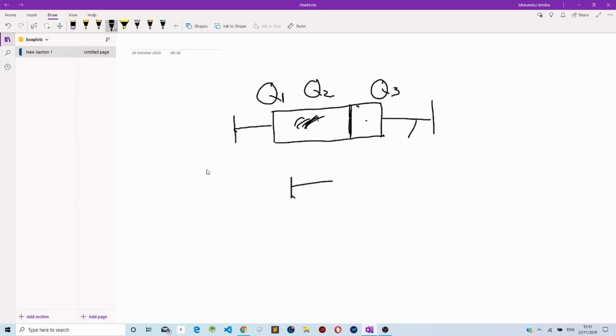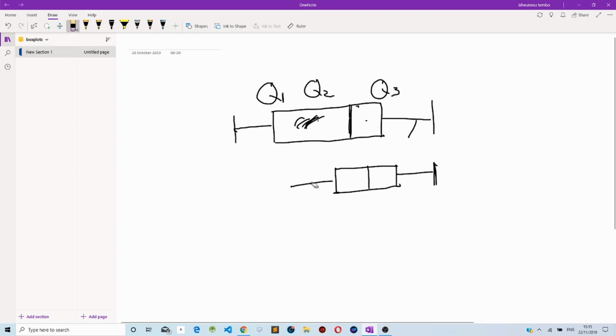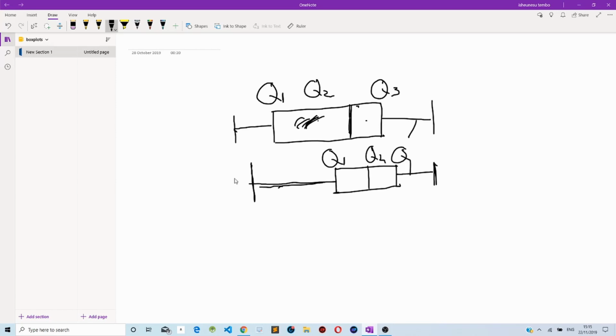In the second scenario, we have a situation whereby this box is equal to this box, but the whisker on the left side is greater than the whisker on the right side.